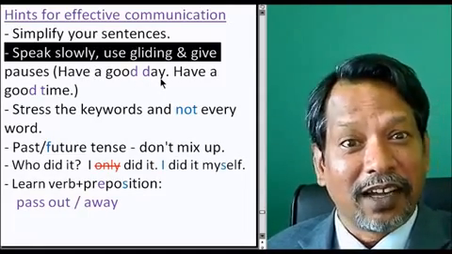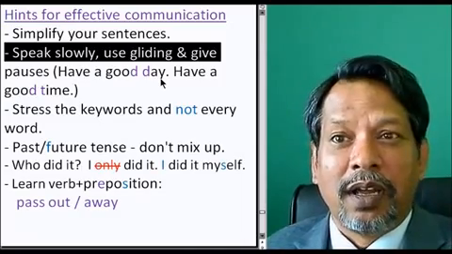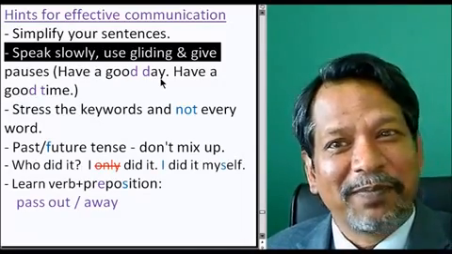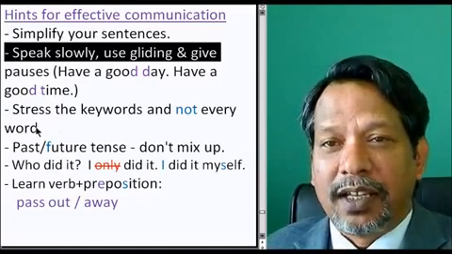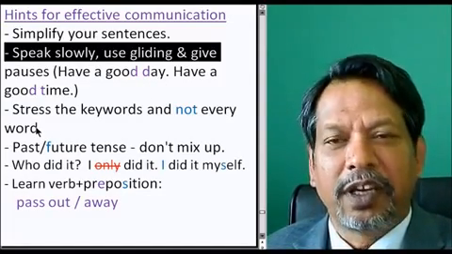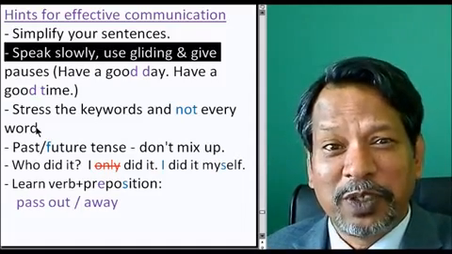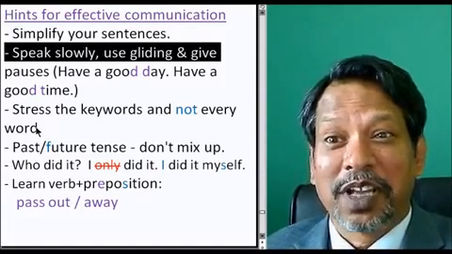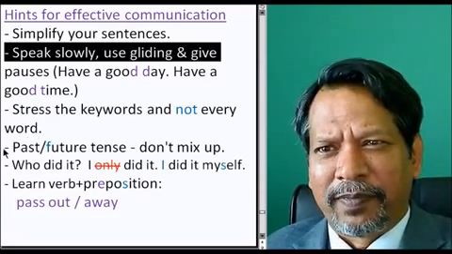That's not gliding. Gliding is making it smooth. Have a good day. Have a good time. That's gliding. Give pauses. Anytime there's a comma, anytime something important is finished, give a pause. The other person needs to hear, understand, and think about whether he agrees or disagrees. It takes time. Okay?